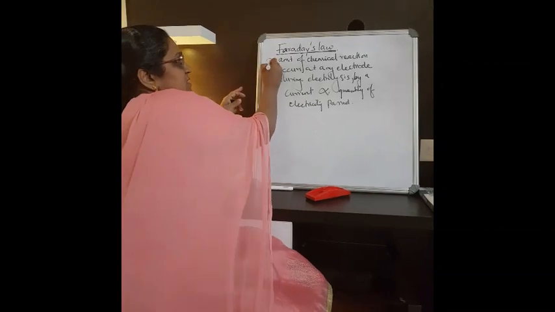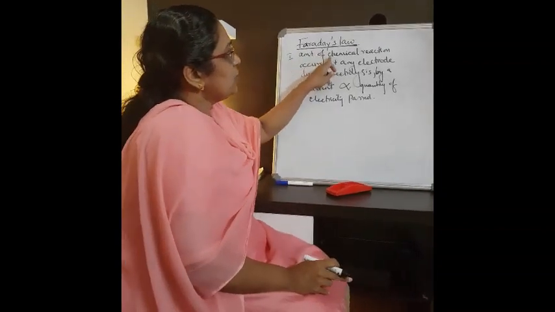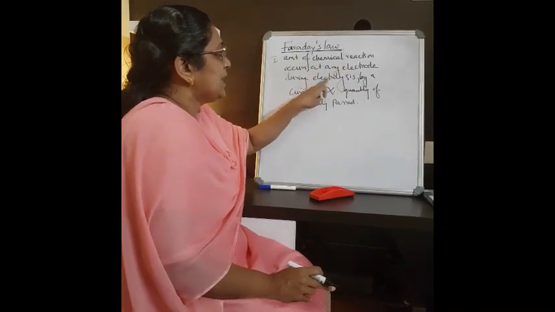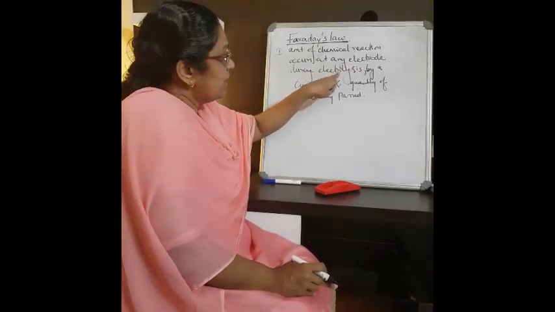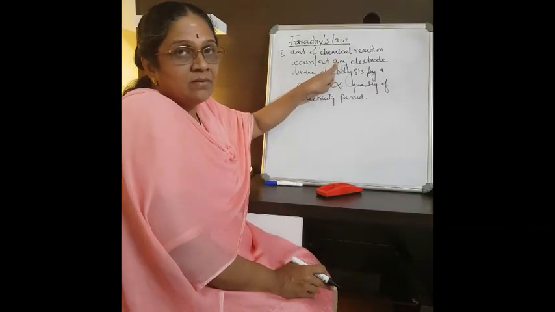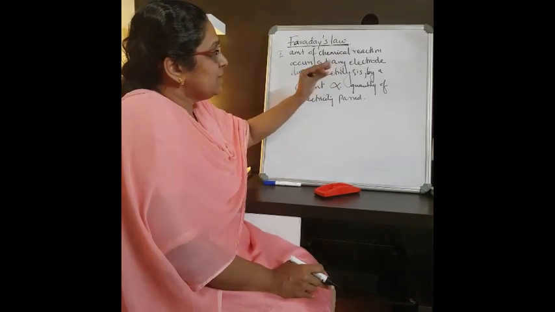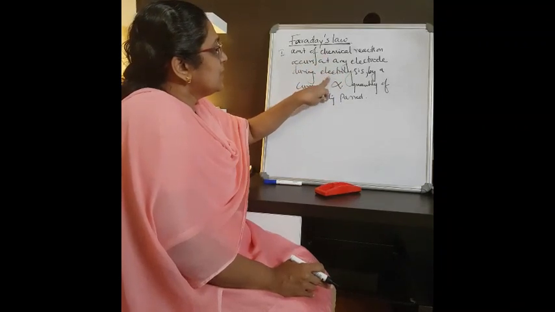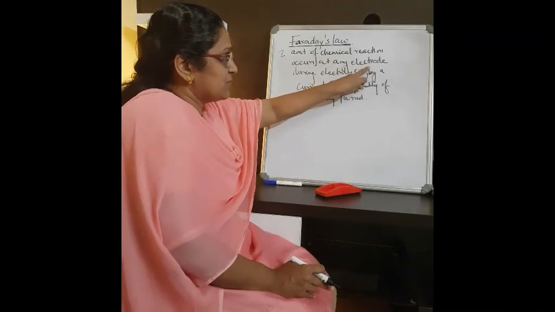So Faraday's first law states that the amount of chemical reaction that occurs at any electrode during electrolysis. You know, in electrolysis, the reaction is happening at the electrode. We have seen this. Some amount of this reaction is happening and the ions are depositing on that electrode.